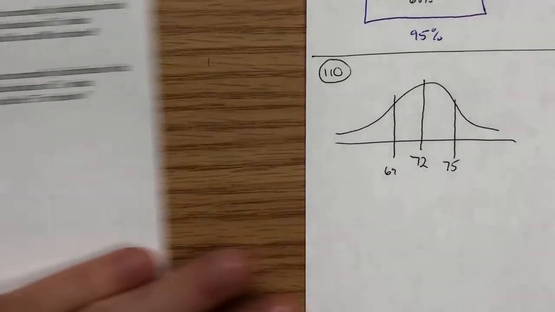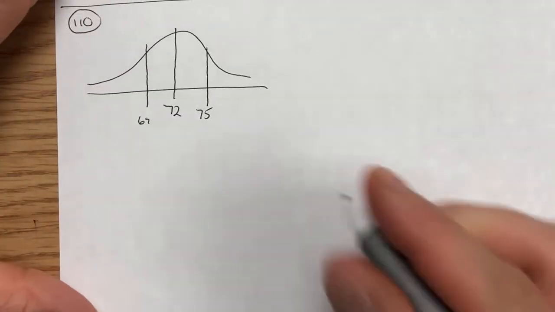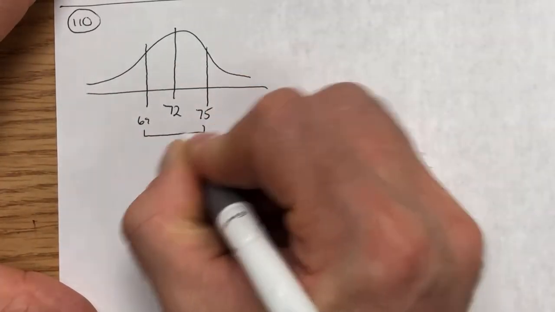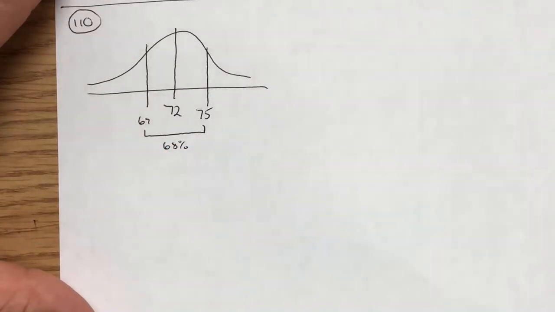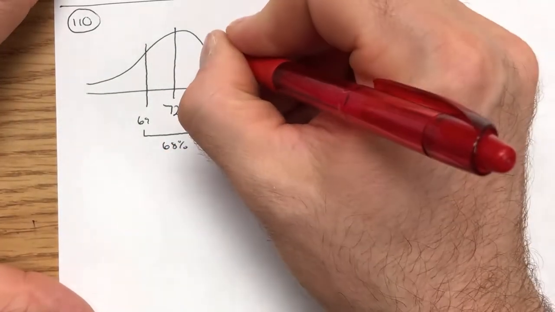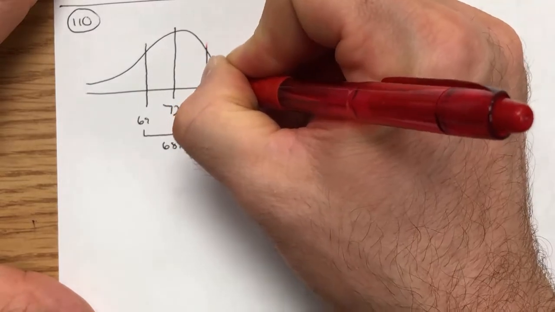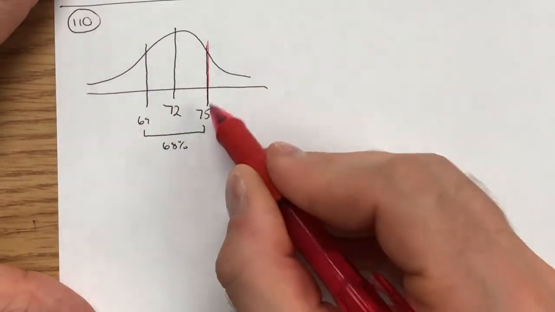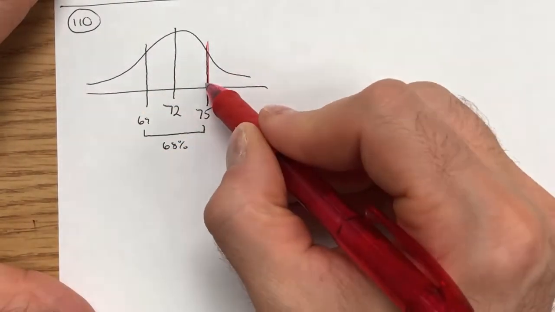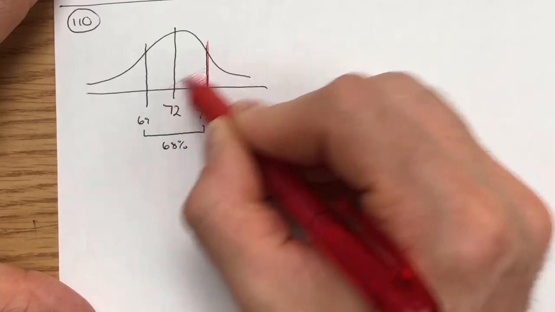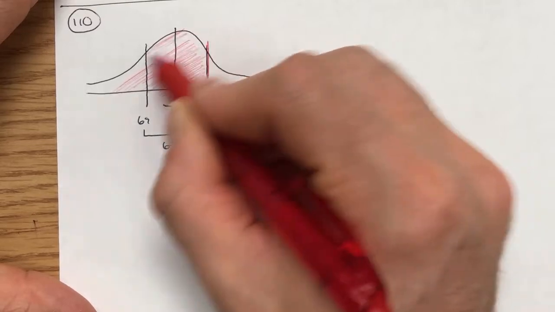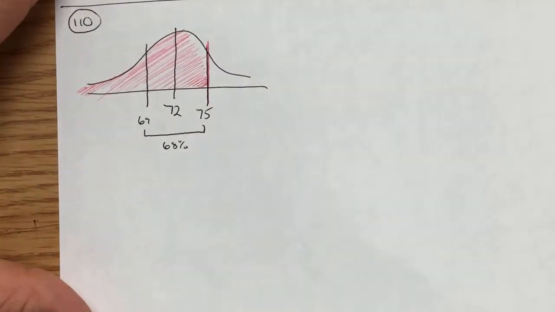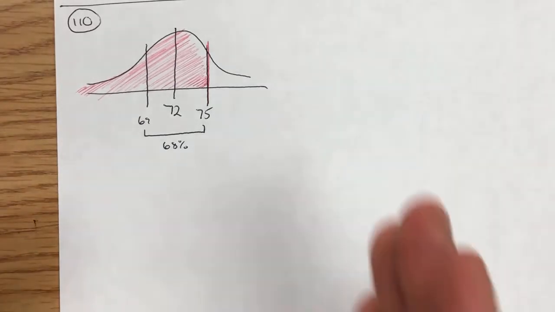Before we even begin, we know this is one deviation away, which means 68% of all students score between these marks. We are concerned with exactly that one deviation mark, and I want to know what percentage of students score 75 or below, all of this all the way down to the very bottom.